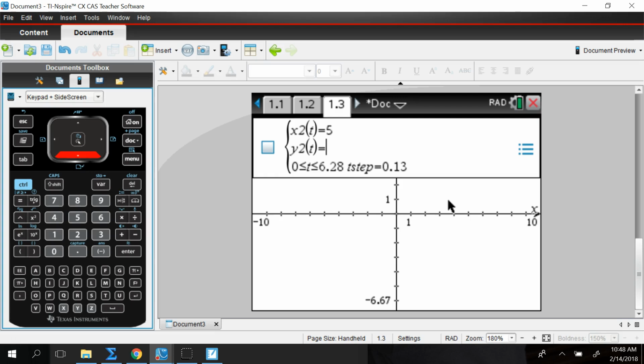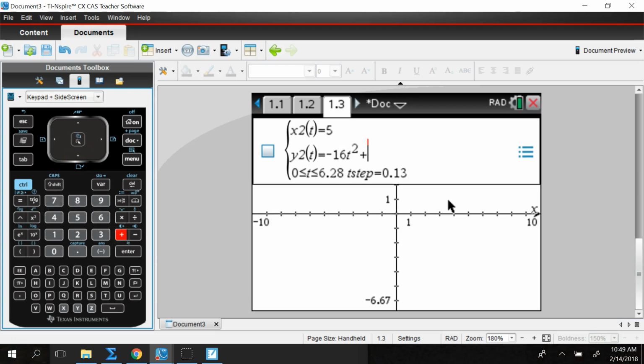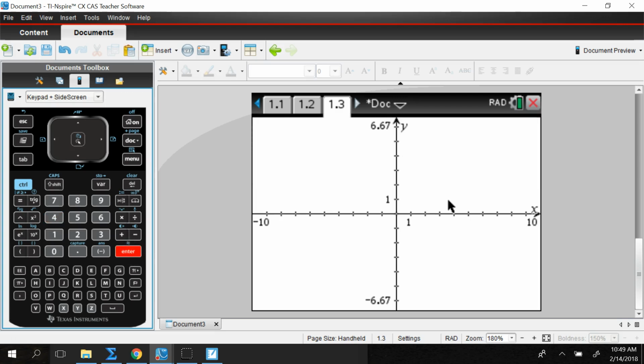And then we said negative 16 t squared plus 50 t plus 30. And then I want to change this to be 3.64. Yeah? Jingle, bam. Uh-oh. Where is it?